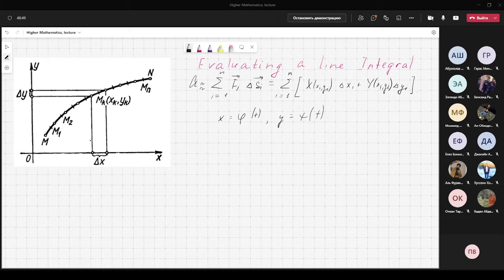Let the points M and N correspond to the values of the parameter alpha and beta. Divide the arc MN into subarcs delta s_i by the points M1 with coordinates x1, y1, M2 with coordinates x2, y2, etc., to Mk with coordinates xk, yk, to Mn equal to N.